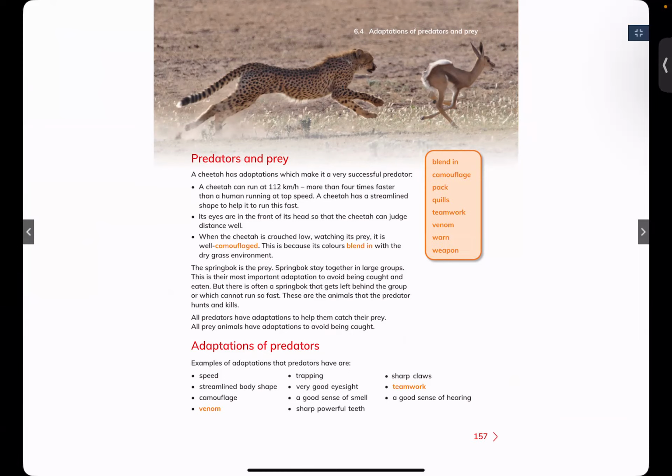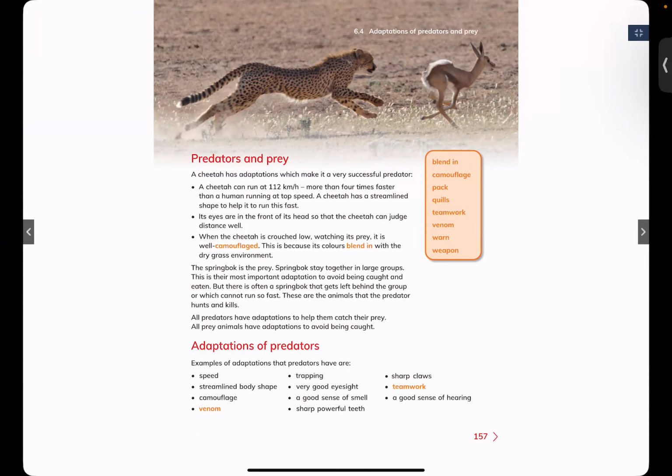And also, the skin color of the cheetah is camouflaging with the dry environment, as you can see. So this is blending, so the prey may not see the cheetah, and the cheetah may attack the prey. So these are the three adaptations that we've discussed for cheetah.